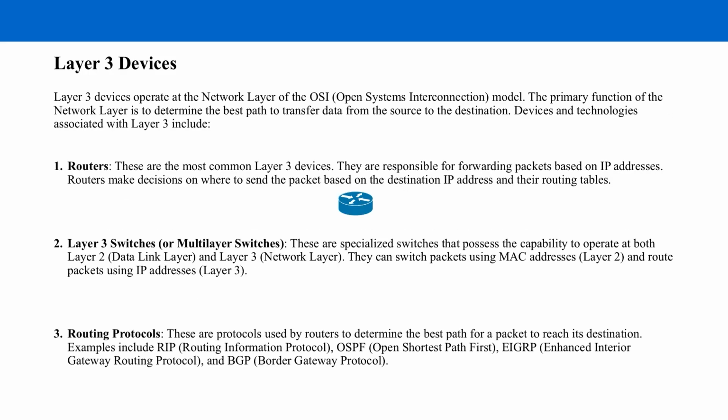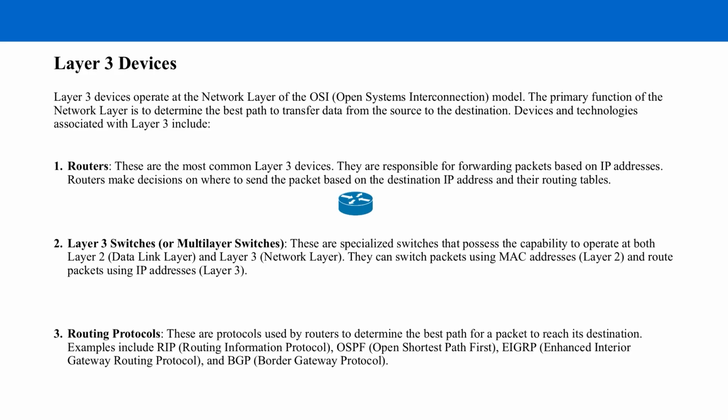And then we have the layer 3 devices. The number one we're going to talk about, for sure we all know it, is the router. Since this is the device that makes connections between networks, that must be layer 3, the network layer. This is the most commonly used layer 3 device. Routers are responsible for forwarding packets based on the IP address.